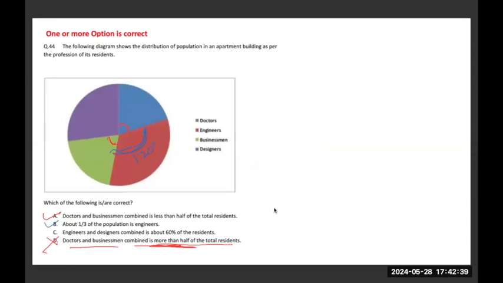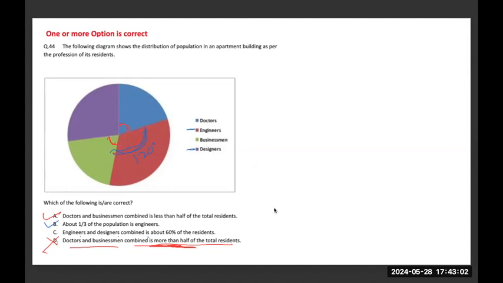In case of option C, engineers and designers combined is about 60% of the residents. Engineers are here, designers are here, which is purple and red. Engineers and designers is about 60%.